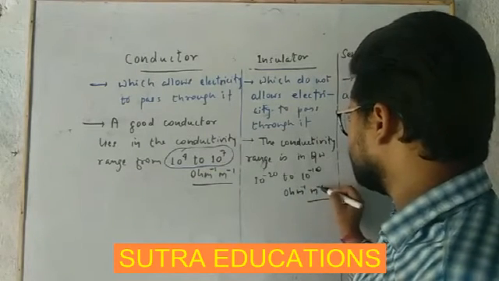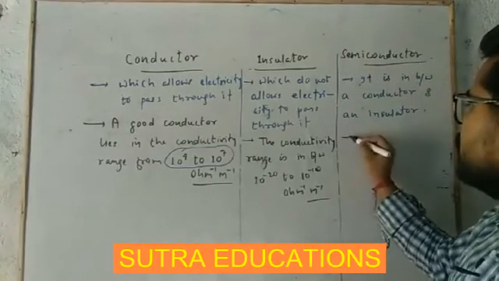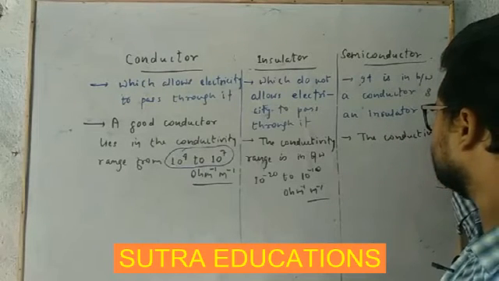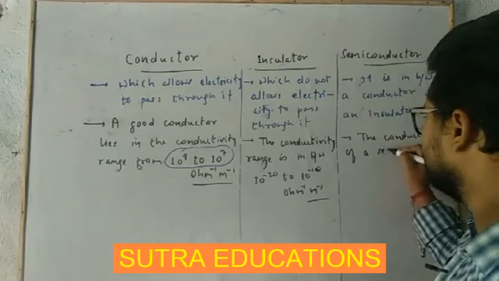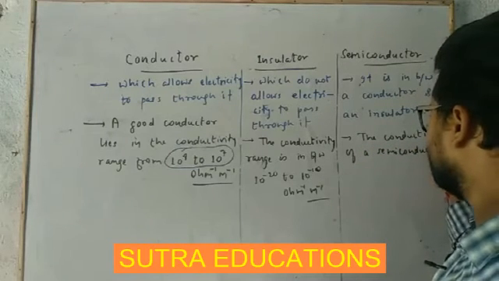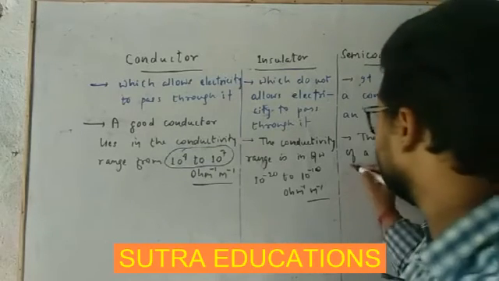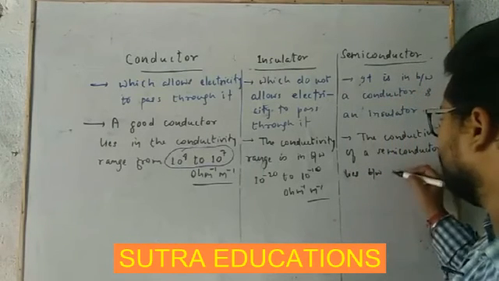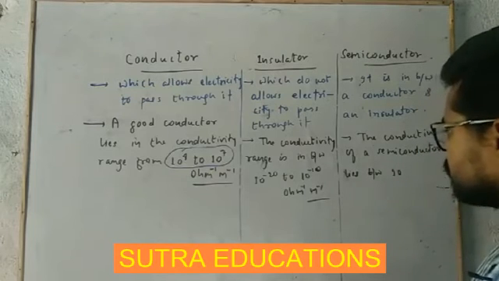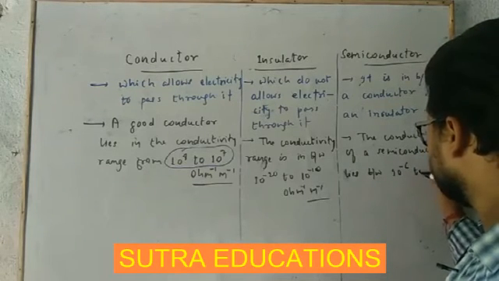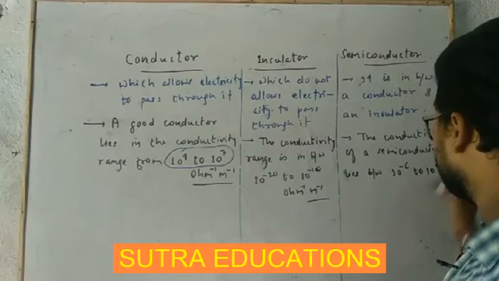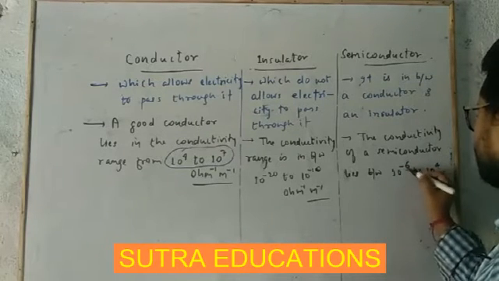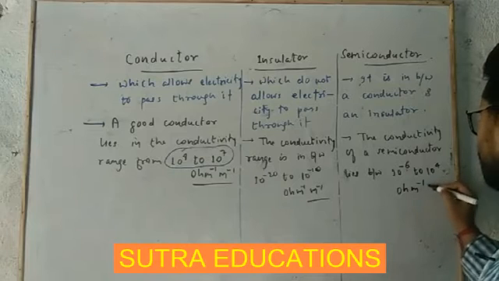And in case of semiconductor, the conductivity of a semiconductor lies between 10 to the power minus 6 to 10 to the power 4 ohm inverse meter inverse.